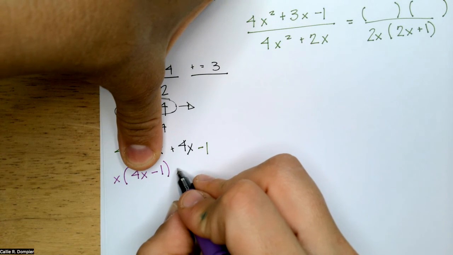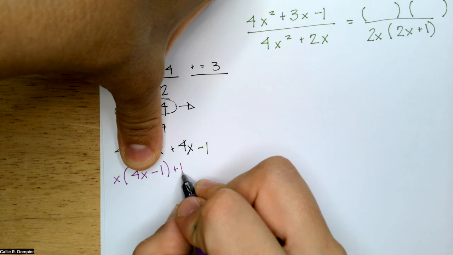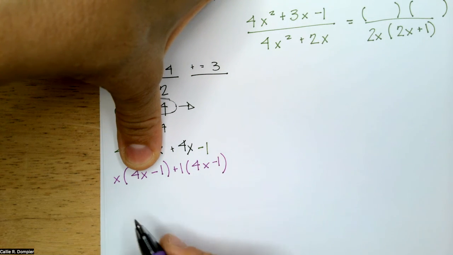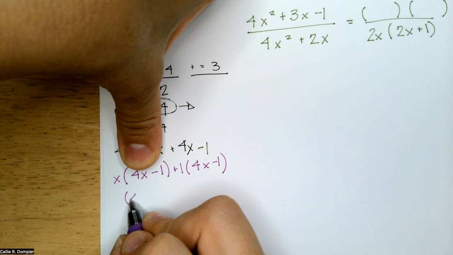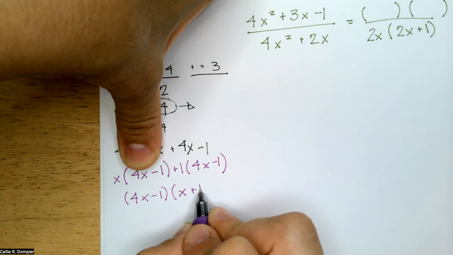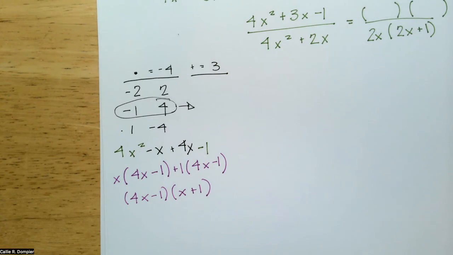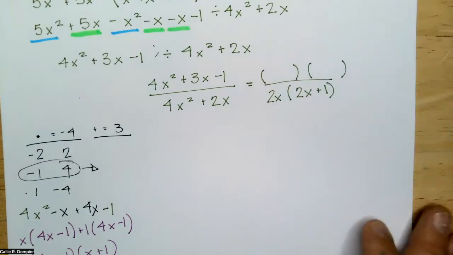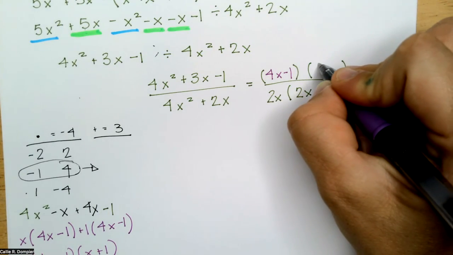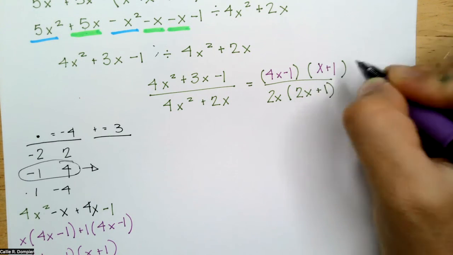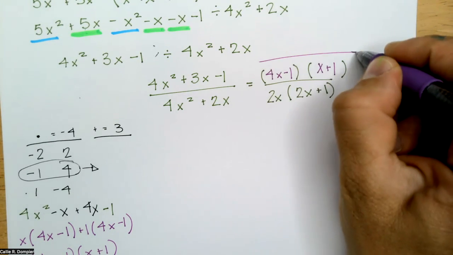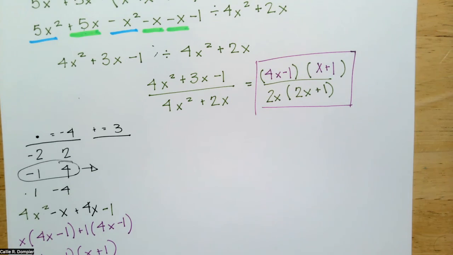All I can pull out is a positive 1, so plus 1, and I get 4x minus 1. So my two factors are 4x minus 1 and x plus 1. Good. So that becomes 4x minus 1 and x plus 1. Nothing cancels, so that's my final answer for number 24. Thanks, guys.